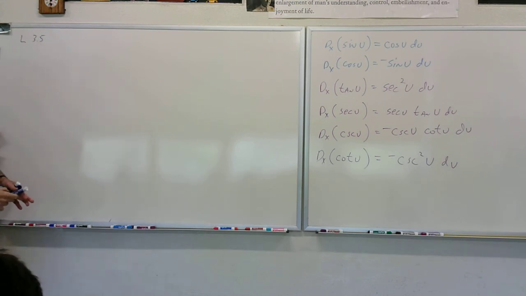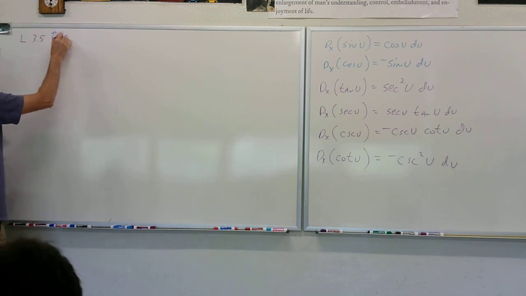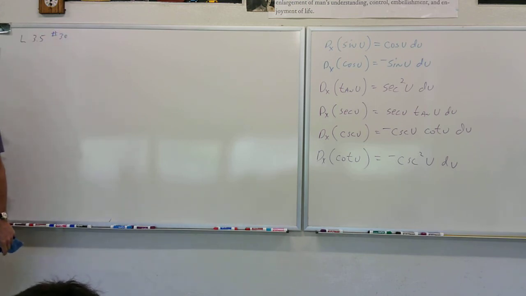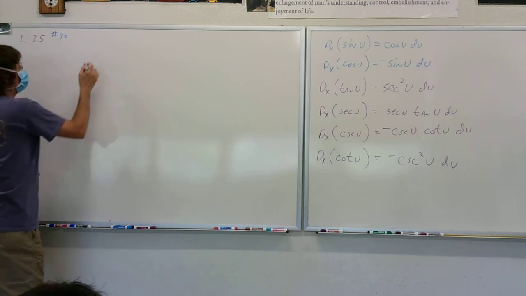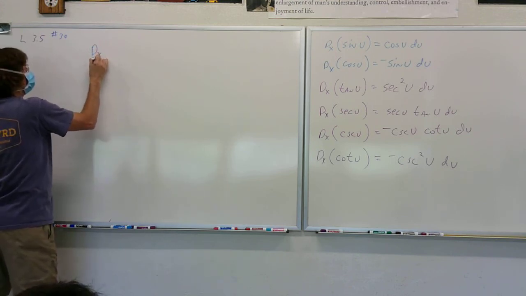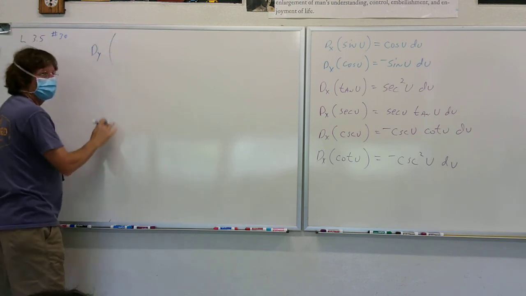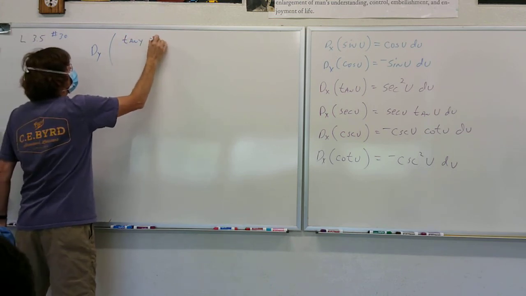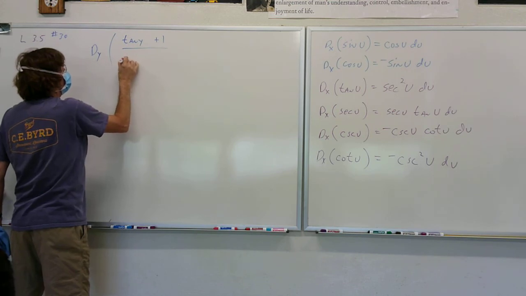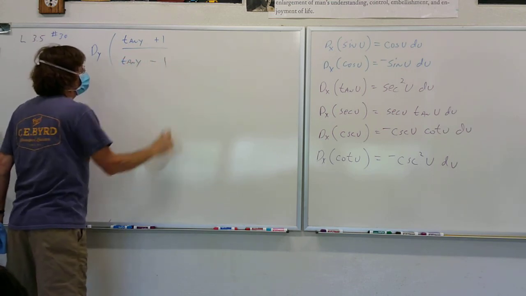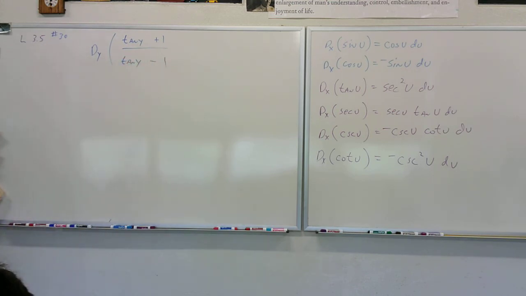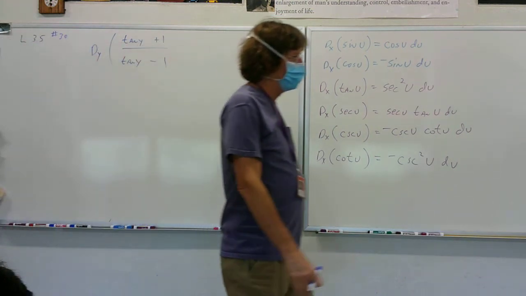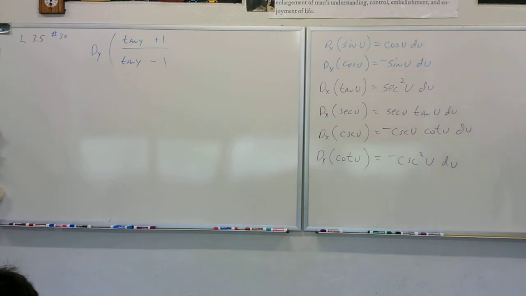Number 30. Is everybody all right that it's going to be a big old quotient rule probably? Probably the best way to work it. All right. Derivative with respect to y of tangent y plus 1 over tangent y minus 1. Use the quotient rule.